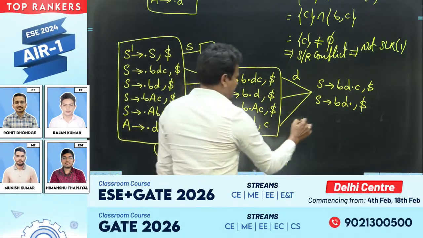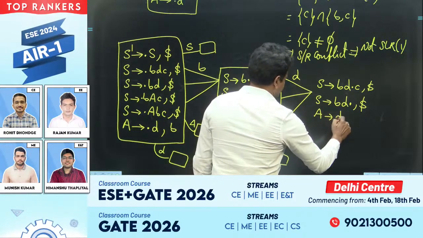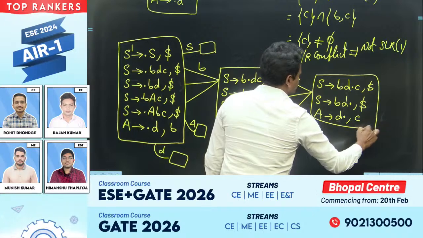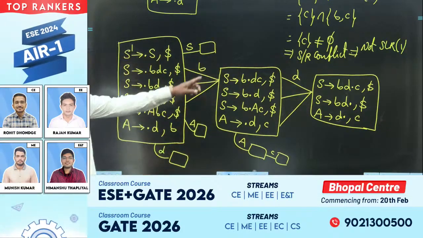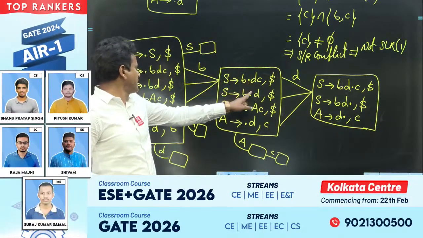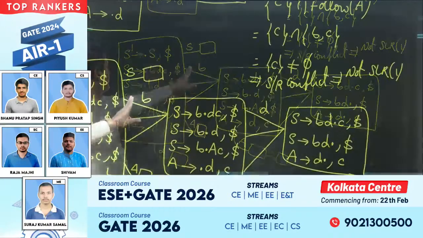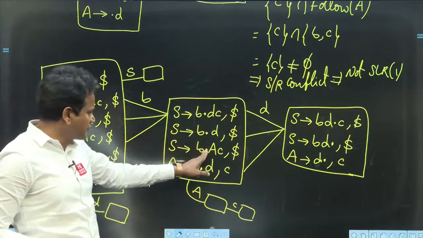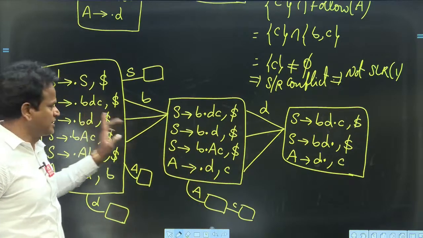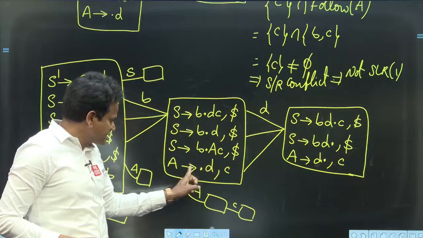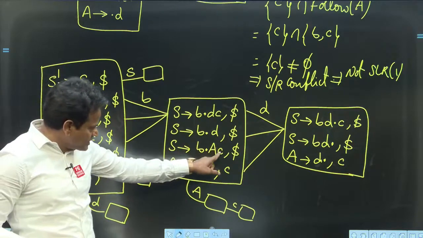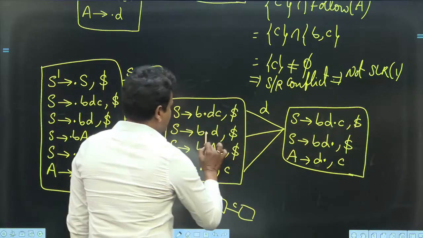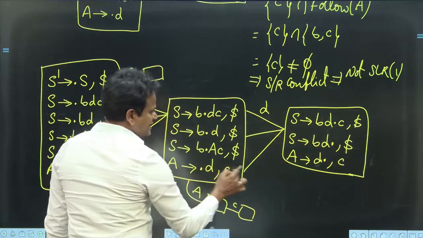And what over this one, A derives D dot C. Okay, so let me check, this is D and this is also D. On B, B dot DC, B dot D and B dot AC. After dot A, I add its production. Dot after A, its production, A derives dot D, and A after C, that is the reason. Now for these three, what is go to on D? BD dot C, BD dot comma dollar, then A derives D dot C.